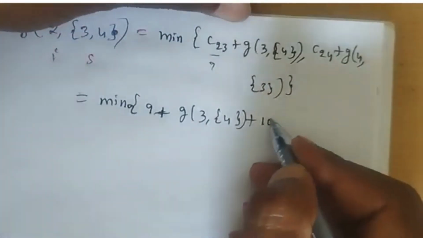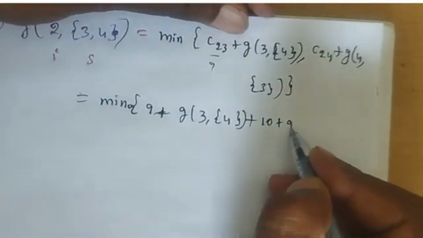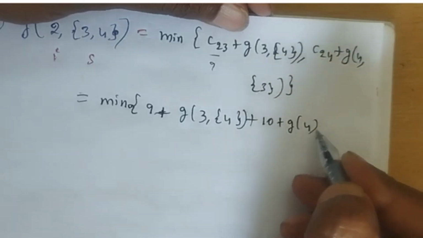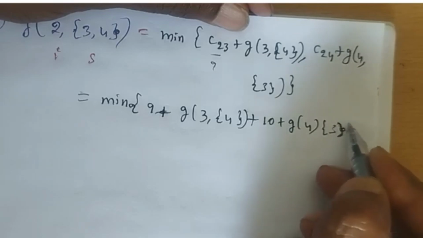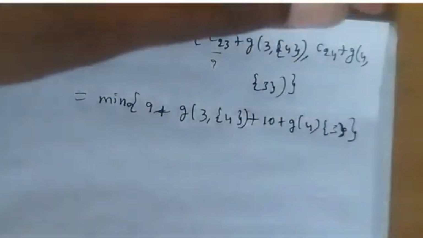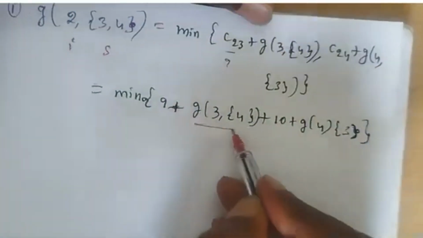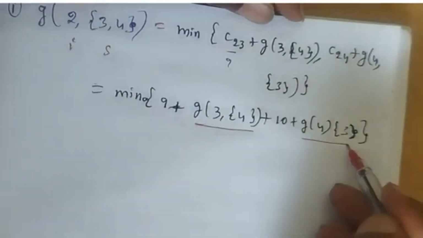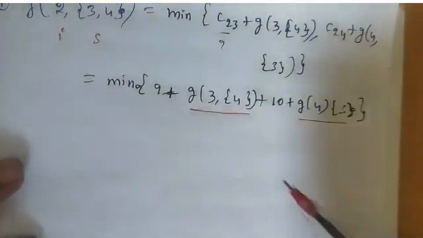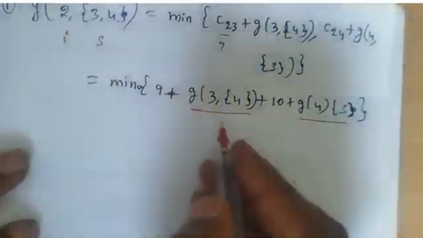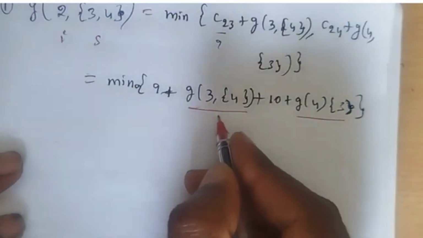So it is 10 plus G of 4 of 3. Again we don't know G of 3, 4 and G of 4, 3. So again we have to calculate these two values individually, and we will implement them again here. Now we have to calculate this part.